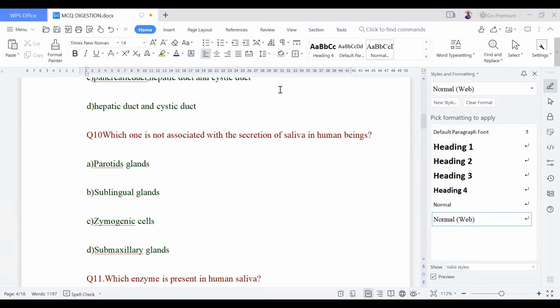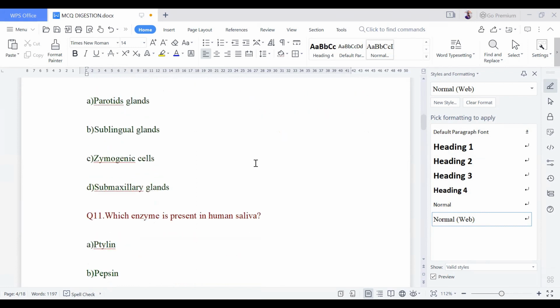Janvi answered as option C. Tasmiya and Madhu voted for C. Ananya C, Tasmiya C. So the right answer here is zymogenic cells, because parotid, sublingual and submaxillary glands are present around the tongue, so they are involved in the secretion of saliva.